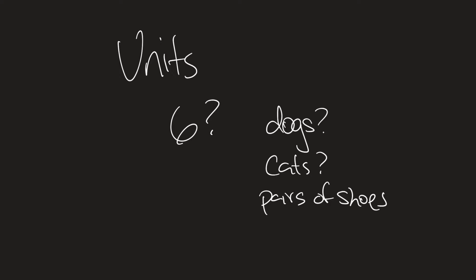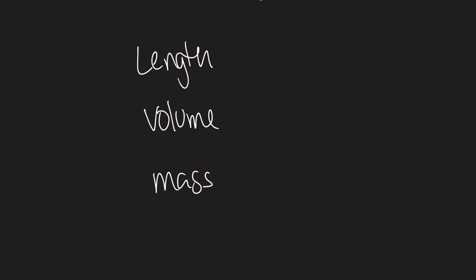Now, when it comes to science, there are different physical quantities that we tend to measure, and these physical quantities are oftentimes related with units of their own. What do I mean by that? The different physical quantities that we tend to measure include length, volume, and mass, and they come with units.